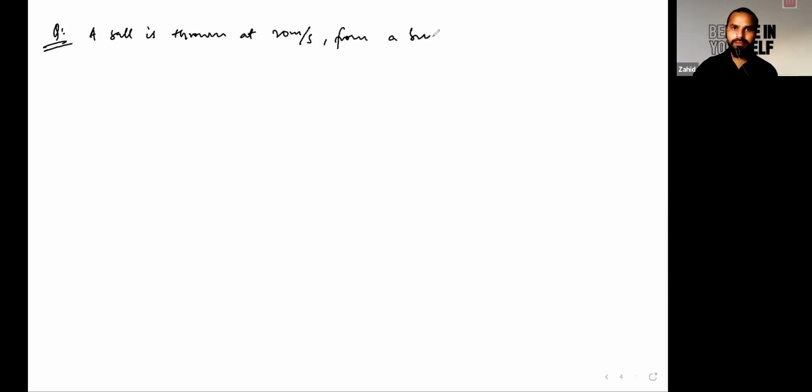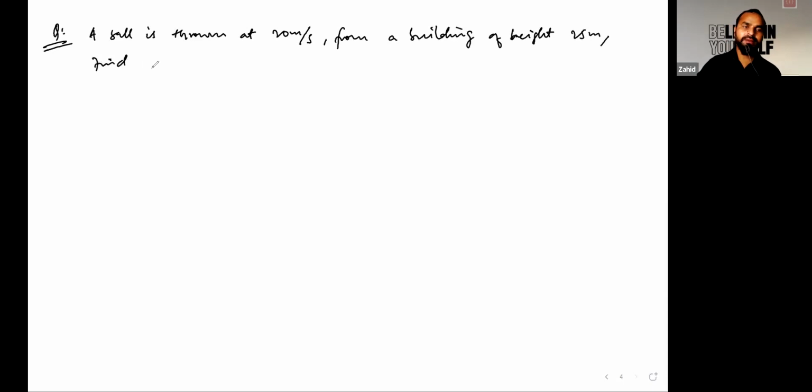There is another concept, or I'm giving you one more problem. Suppose a ball is thrown at 20 meter per second from a building of height 25 meter.